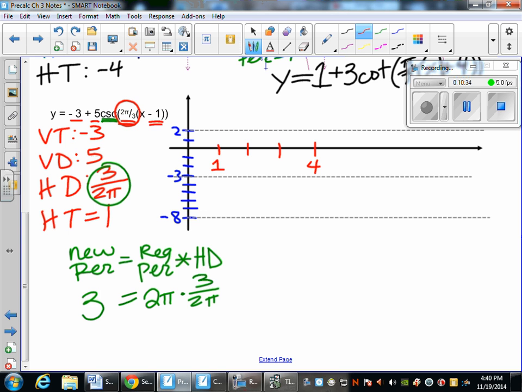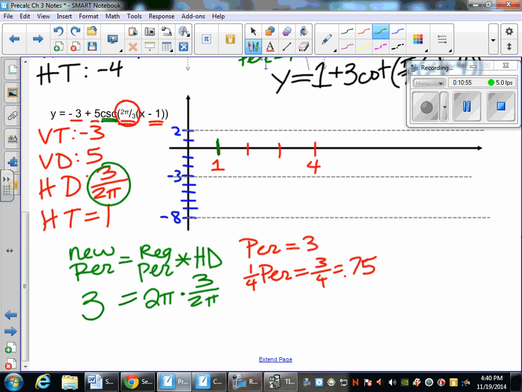For a cosecant graph, any of these graphs, we need to take our period and break it into 4 equal pieces. So if my period is 3, then 1/4 of my period is 3/4 or 0.75. So I need to break this up and go every 0.75.